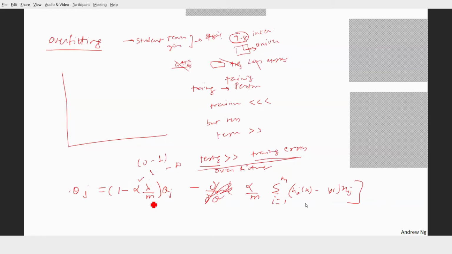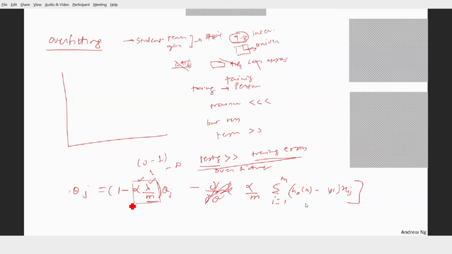m is our number of training examples, right? So this value is always going to be positive. And as lambda increases, this value is going to increase. This value can maximum reach approximately 1, because we are assuming that lambda would be somewhere close to our number of training examples.